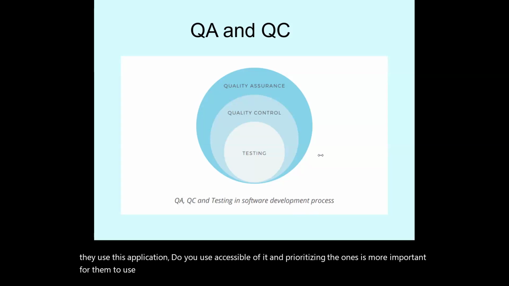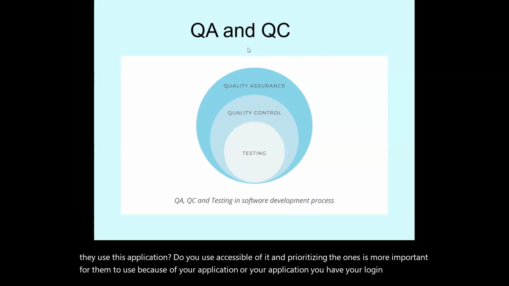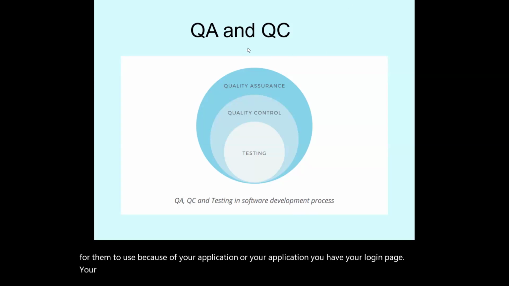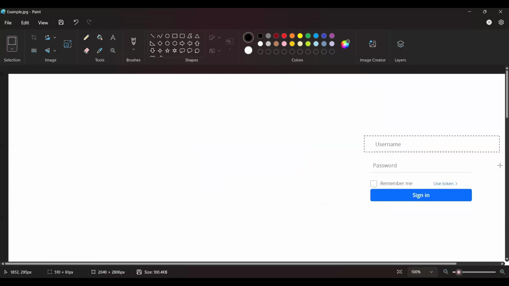Because on your application, you have your login page with your username and password. And say the application I produce doesn't have any username and password, it just has terms and conditions. That will have a big impact on the users. What are they going to do with this particular application you just built? The main priority is that they can log into that page.